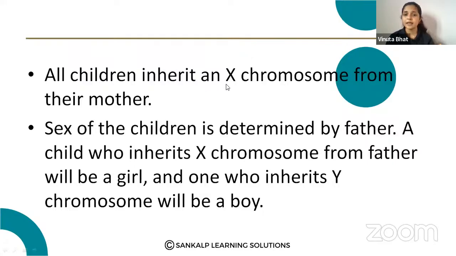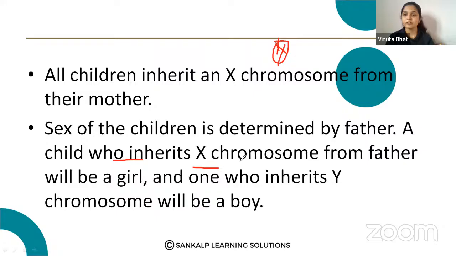All children inherit an X chromosome from the mother, because the mother has the X chromosome in her egg. But the sperm of the father may contain either an X chromosome or a Y chromosome.